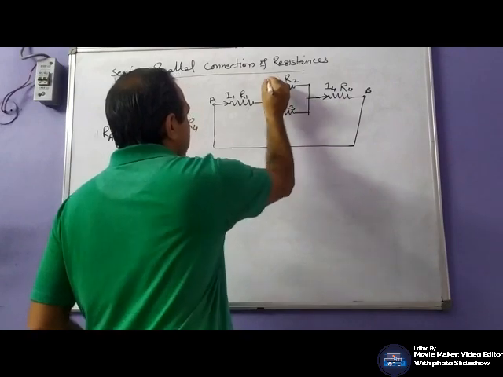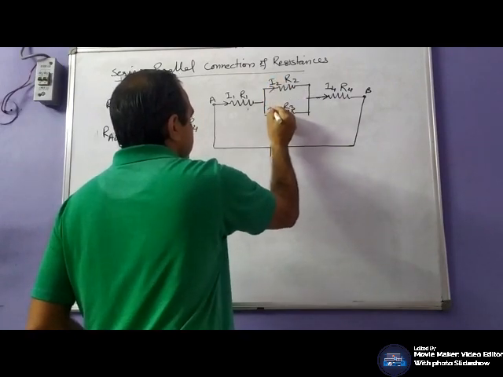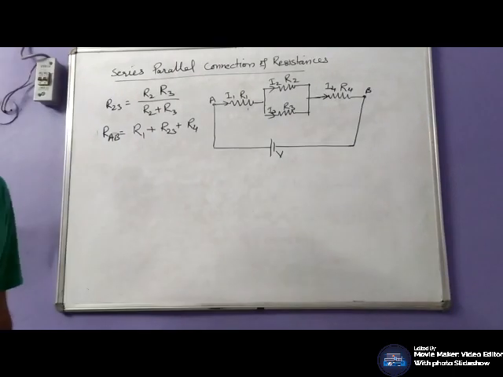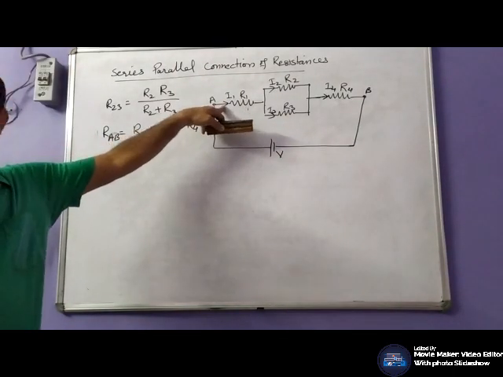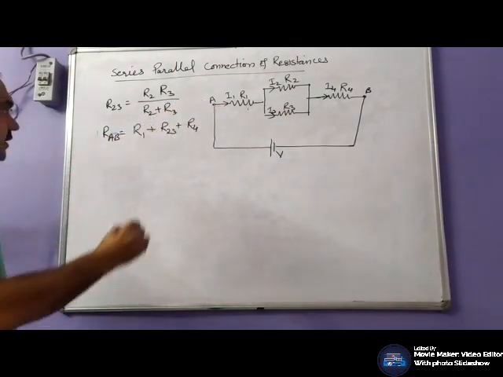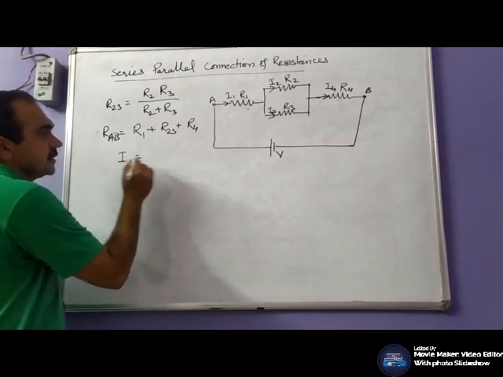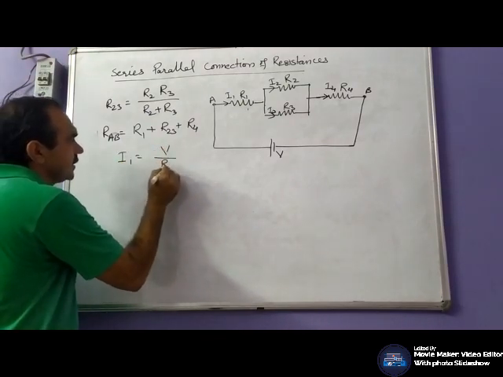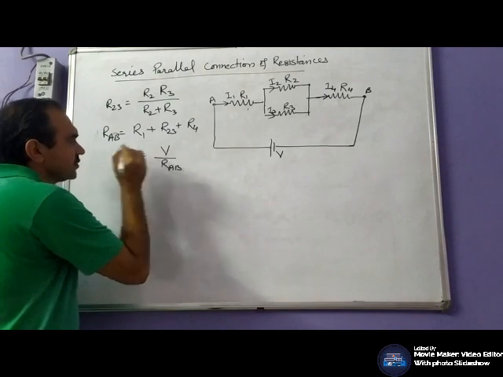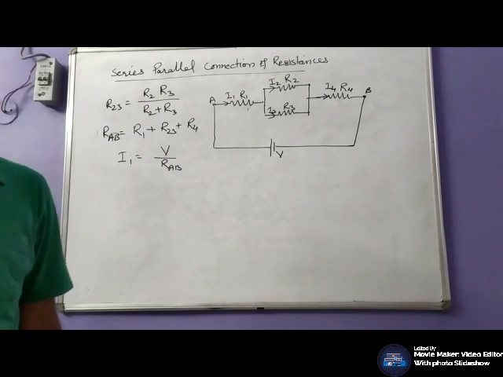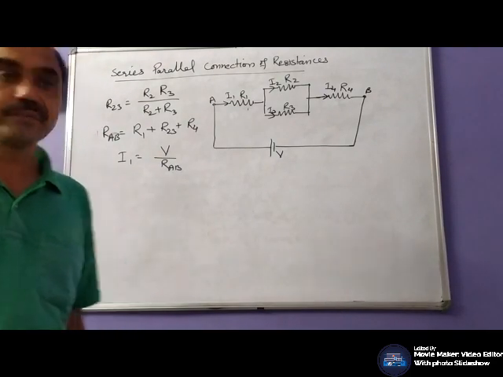Now we have to find the current in each branch. What would be the branch current I1? V by the total resistance of the circuit. What would be I2?